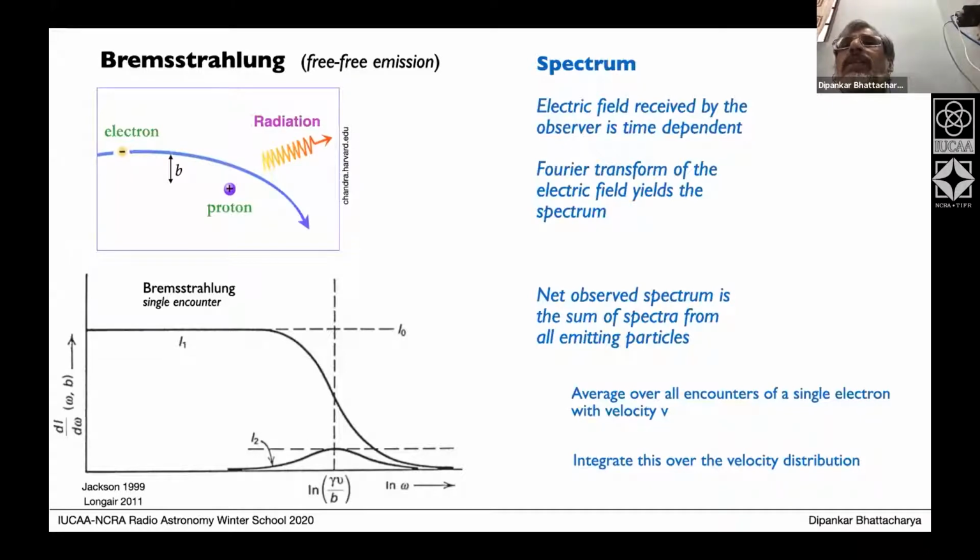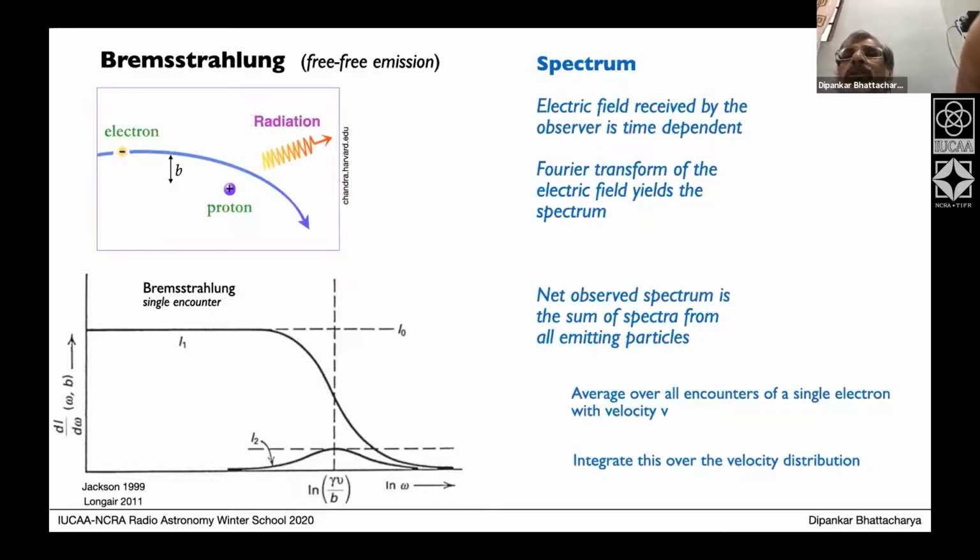So you can see that it is the characteristic frequency, gamma v by b, which limits the extent of the emission that you get from this electron.